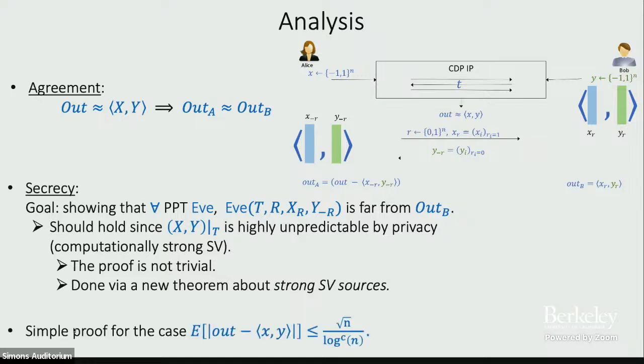But in a special case in which the error of the inner product protocol is small, when the expected error is smaller than square root of n over some polylog, then the proof is relatively simple. I don't think I have time to show it to you, but the proof is not very complicated.